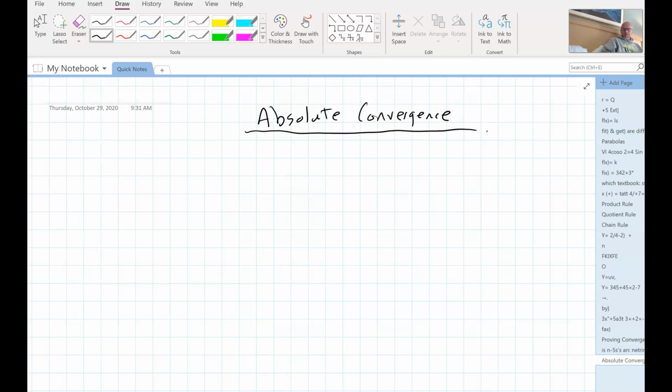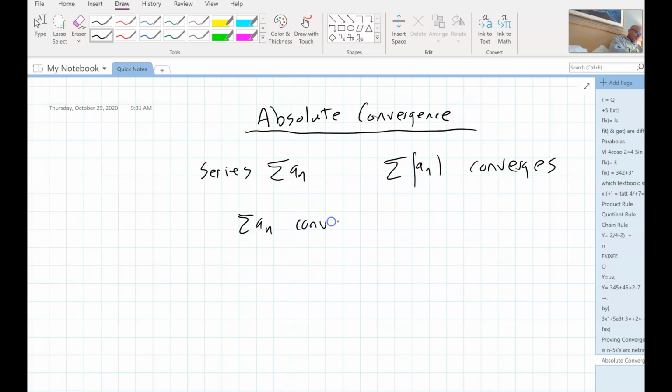So absolute convergence means that if you have a series like this, and you know that this series converges, then we would say that this series, without the absolute value, converges absolutely. That's what absolute convergence means.